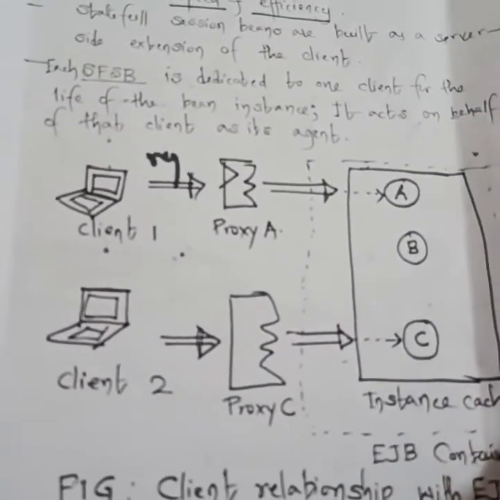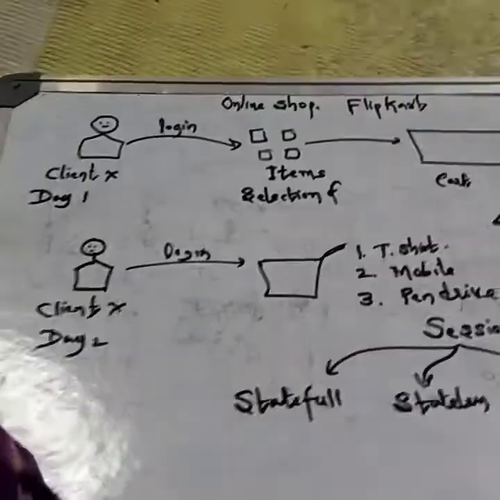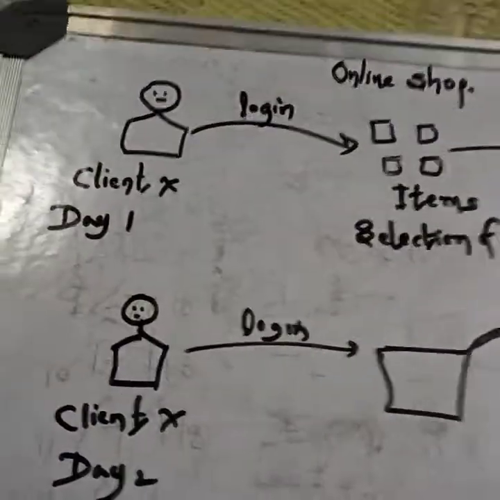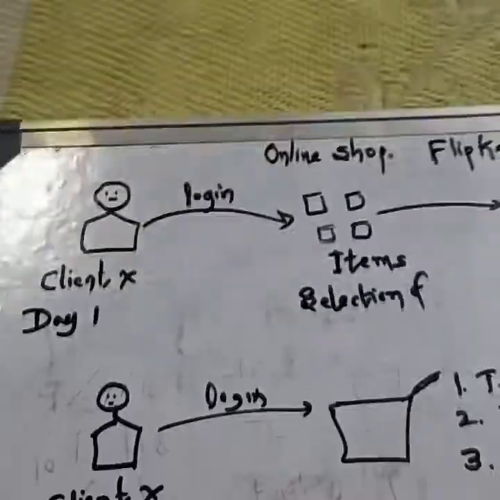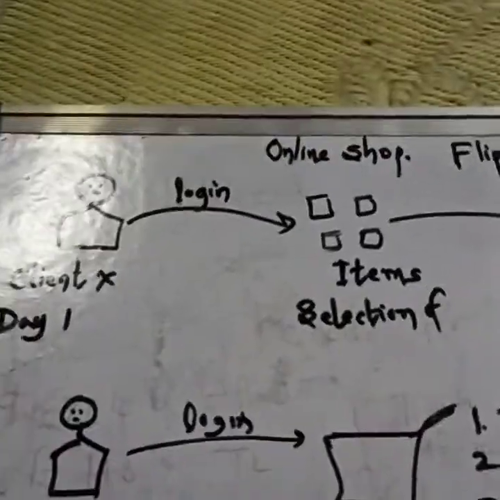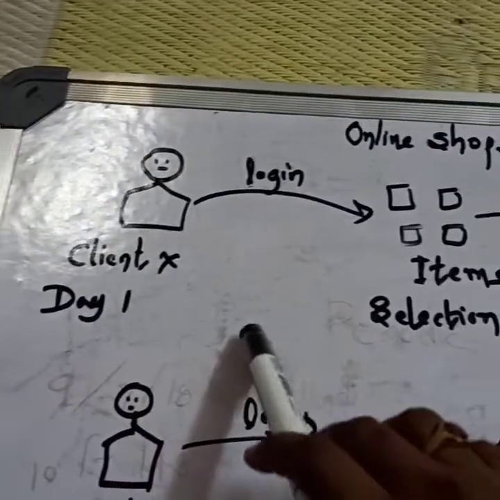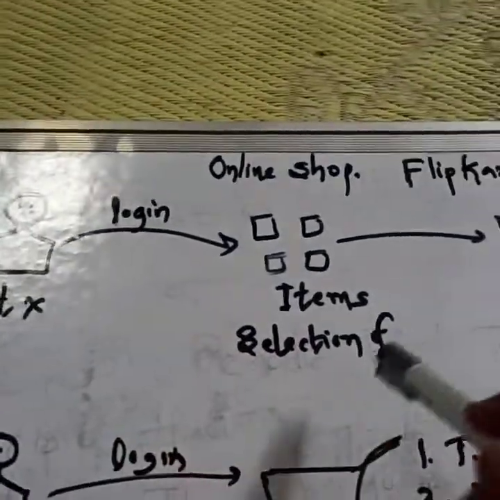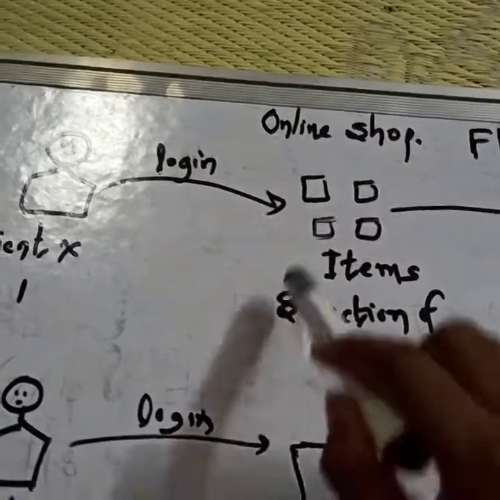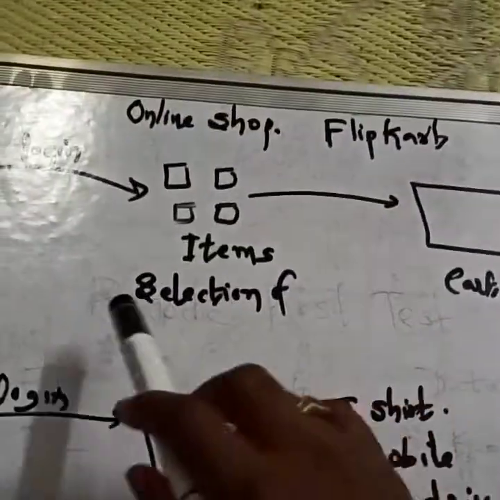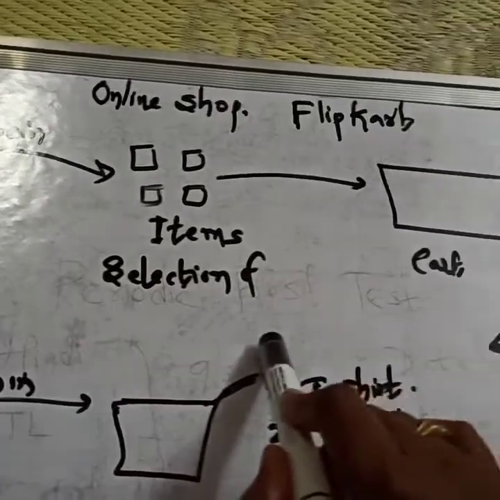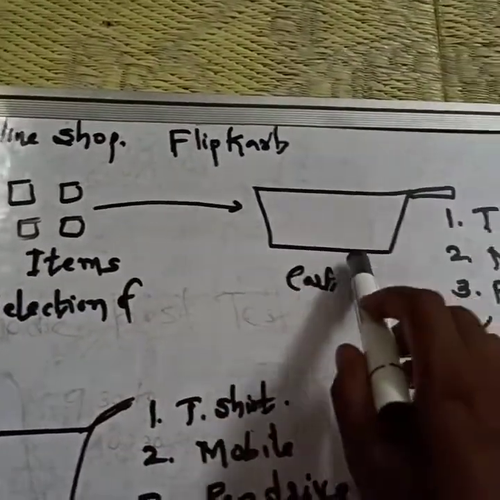Next, we'll move further, and before that, let us consider one real scenario: an online cart. Here you can see client X has logged in to the online shopping cart, say Flipkart. When client X logs in, he will search different items from this online shop, and once the selection is over, all the items are added to the cart.